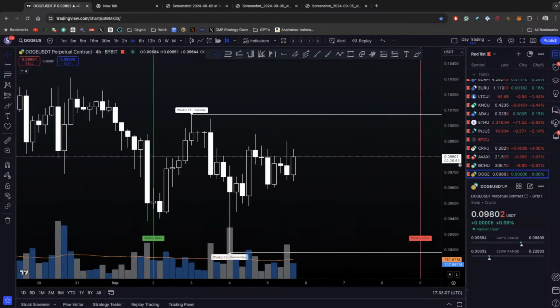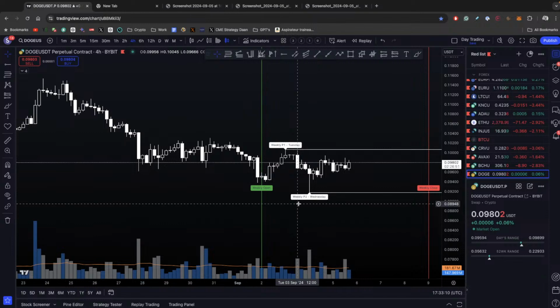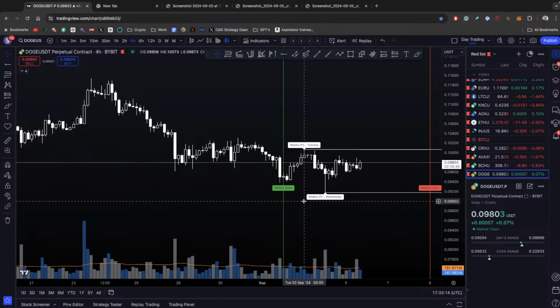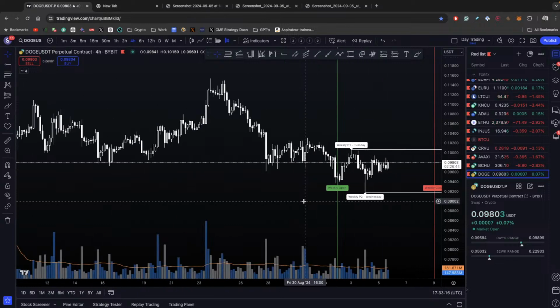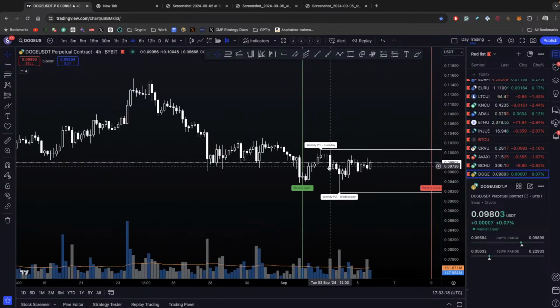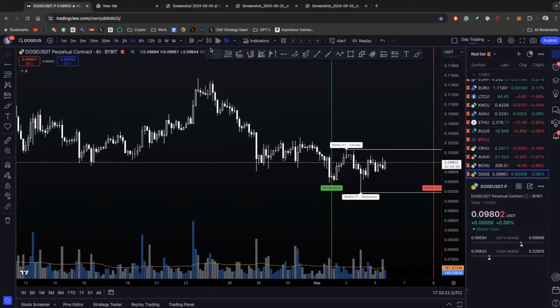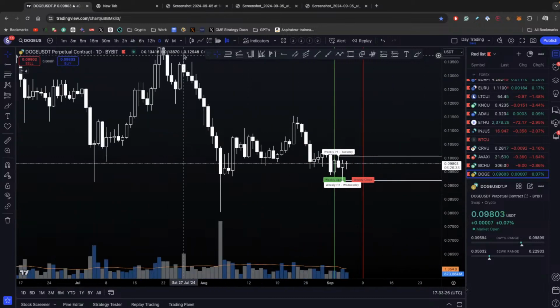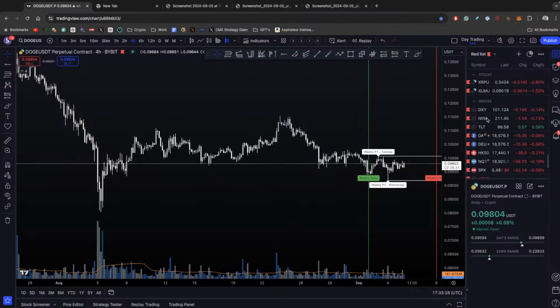But the one thing you don't want to see is a tight range. Yeah, so this is exactly what I didn't want to see. This is pretty much the same. Well, there is a little bit of space to move, but not really a lot.